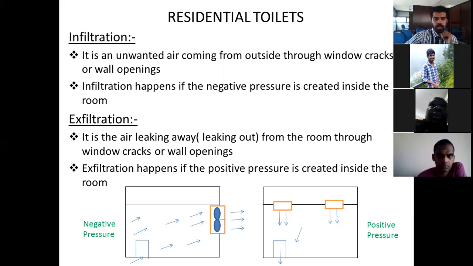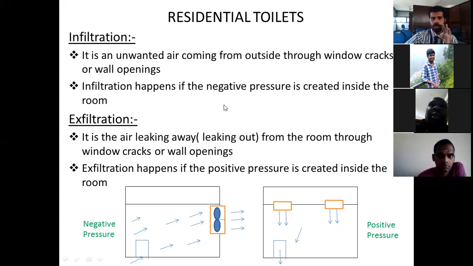Wherever there is a negative pressure, the air from the positive side comes into that room. So infiltration happens if negative pressure is created inside the room.